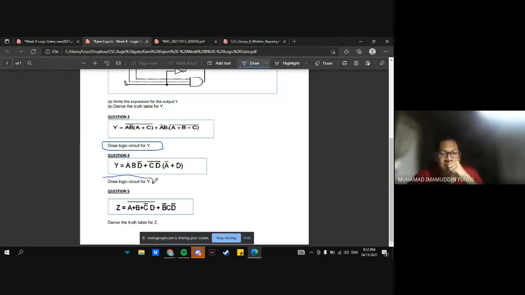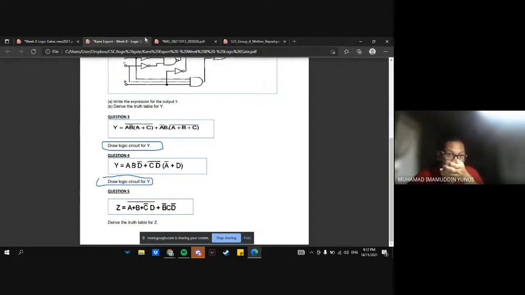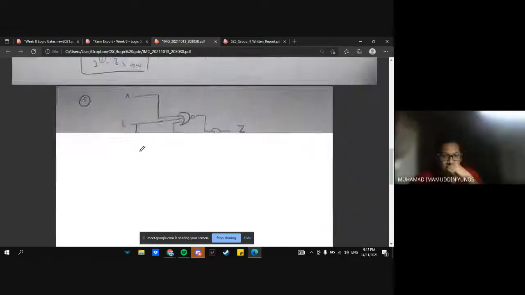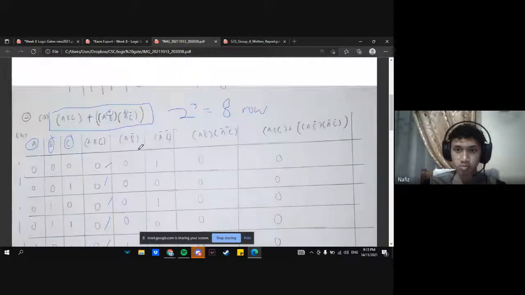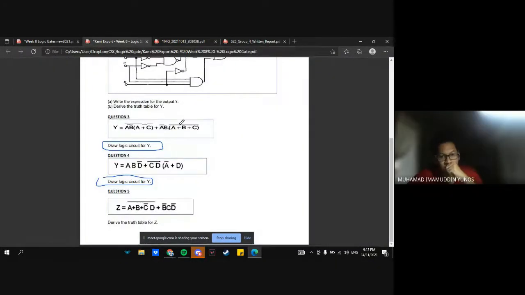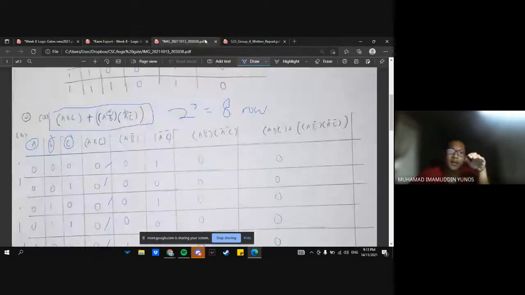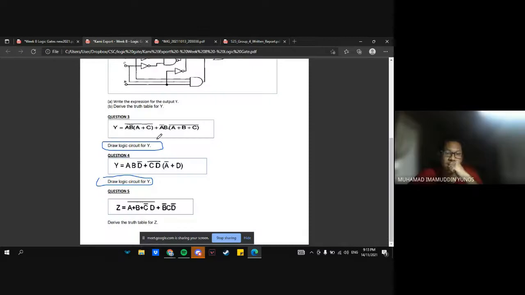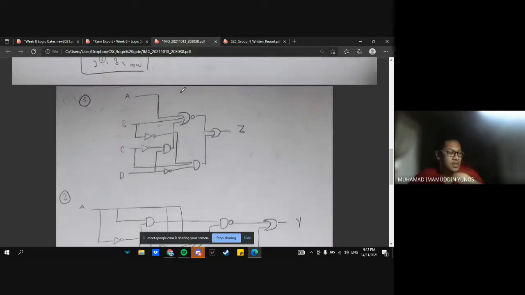So based on the Boolean expression they give us, we can make a truth table, or we can just draw directly. We don't need to make a truth table. If they ask us to draw, just draw directly. If they ask us to do a truth table, do a truth table.